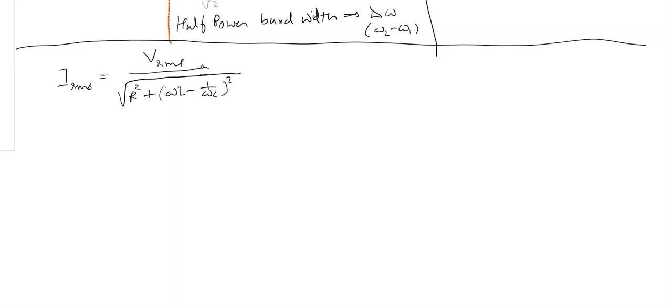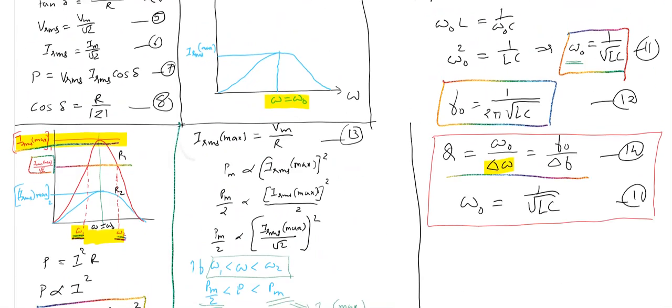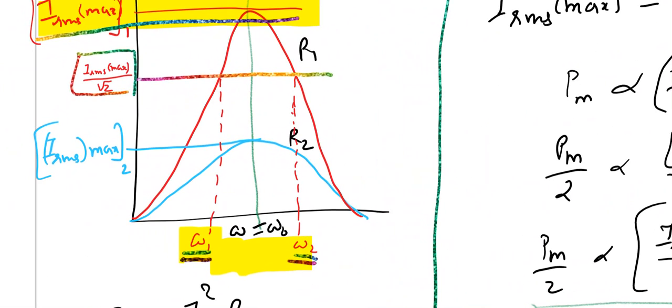Now if I am talking about half power, then for power to be half, current has to be IRMS by root 2, actually IRMS max by root 2. And at that time the frequency is either omega 1 or omega 2. Look at the figure once again. If I want power to be half, current should be IRMS maximum by root 2, and for that the angular frequency can either be omega 1 or omega 2.